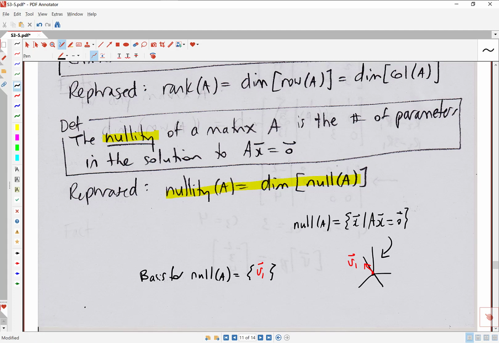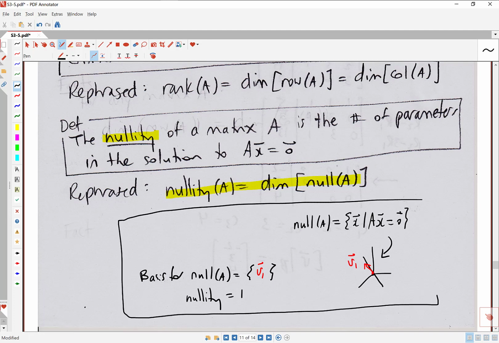Okay, and then we have this new terminology called the nullity, which is just talking about how many basis vectors you have. So in this little made-up example, it would be 1. So if your null space is a line through the origin, nullity will be 1. If your null space is a plane through the origin, nullity would be 2.